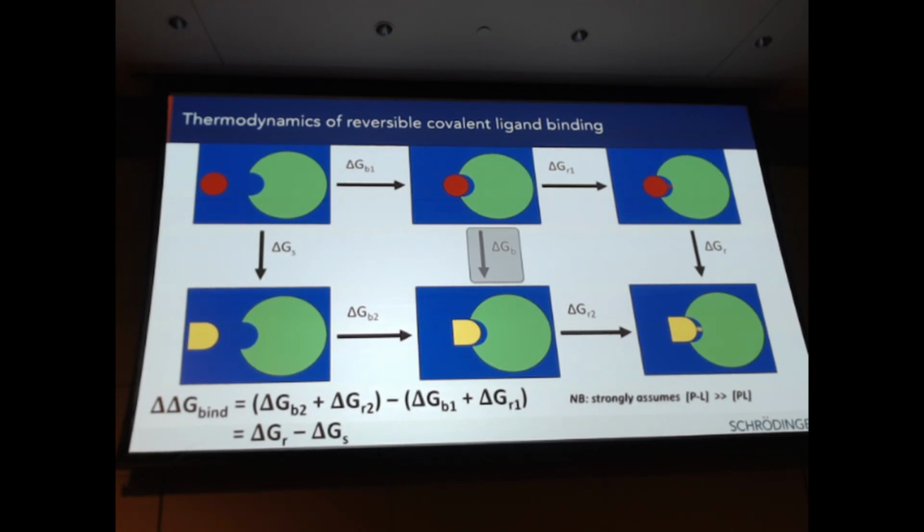If the equilibrium concentration of the non-covalent complex is much, much lower than the covalent complex, then we can ignore the middle state. By calculating the affinity to mutate from the protein-ligand 1 complex into the protein-ligand 2 complex, and the affinity to mutate from ligand 1 to ligand 2 in solvent, we can calculate the relative binding affinity between the 2 ligands as in the formula shown here.